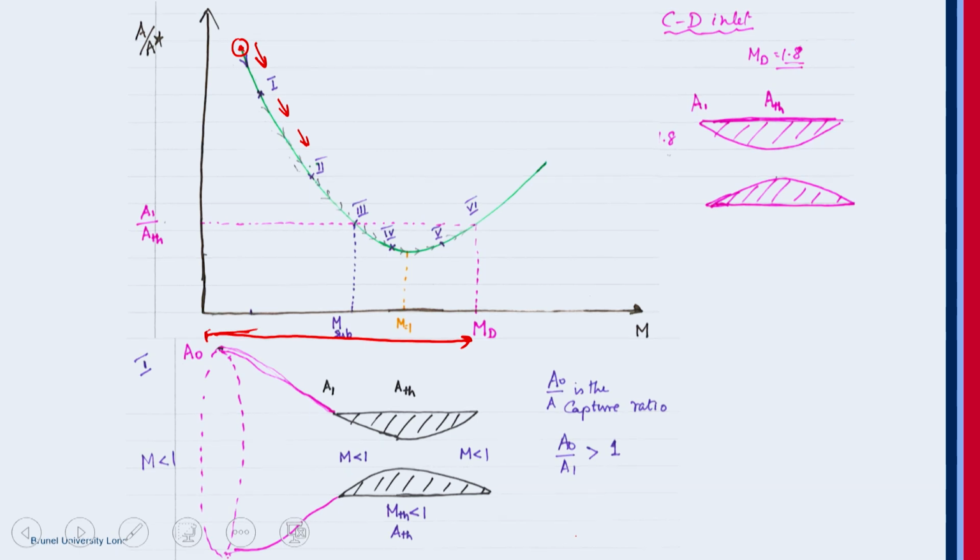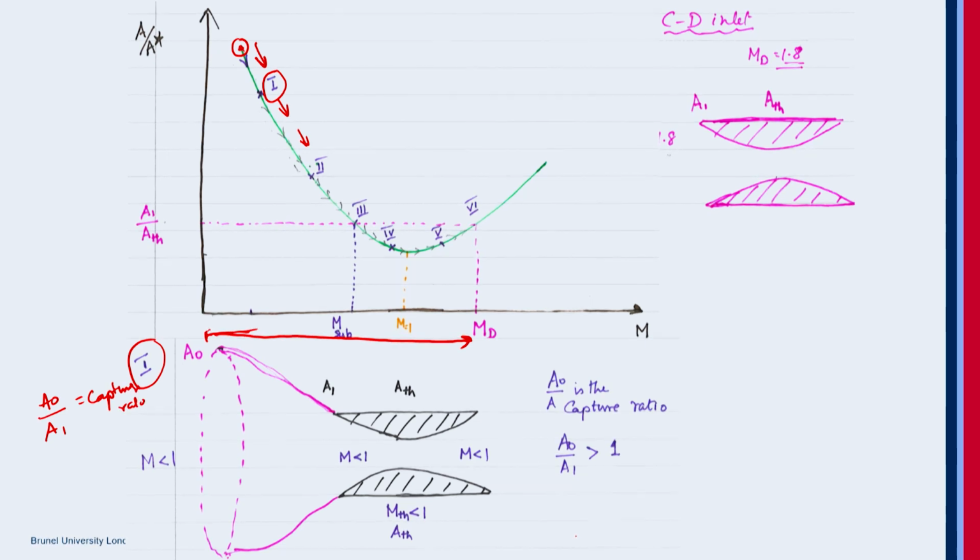So I have just chosen a few station points. One is what you see here. The engine is very thirsty. It wants more air. So A0 by A1 is what we call the capture ratio.